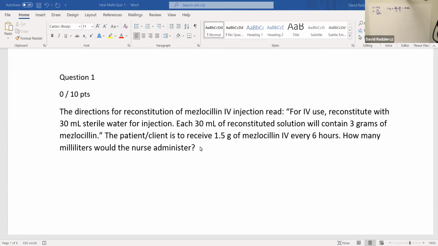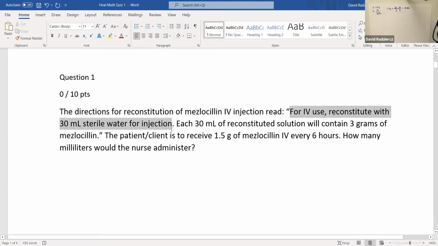We're going to start off with this question here that is a reconstitution type question. The question says that the directions for reconstitution for meslocillin IV injection read, for IV use, reconstitute with 30 milliliters sterile water for injection. That usually tells the pharmacy how much water to add to the powder in order to turn a powdered substance into a liquid substance that can either be injected or swallowed.